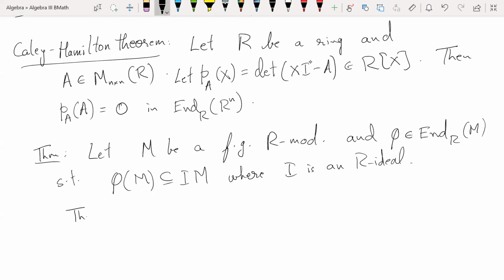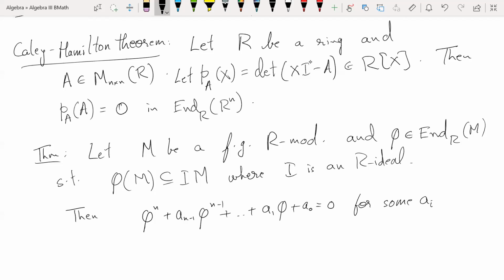Then phi^n + a_{n-1} phi^{n-1} + ... + a_1 phi + a_0 is 0 for some a_i's.